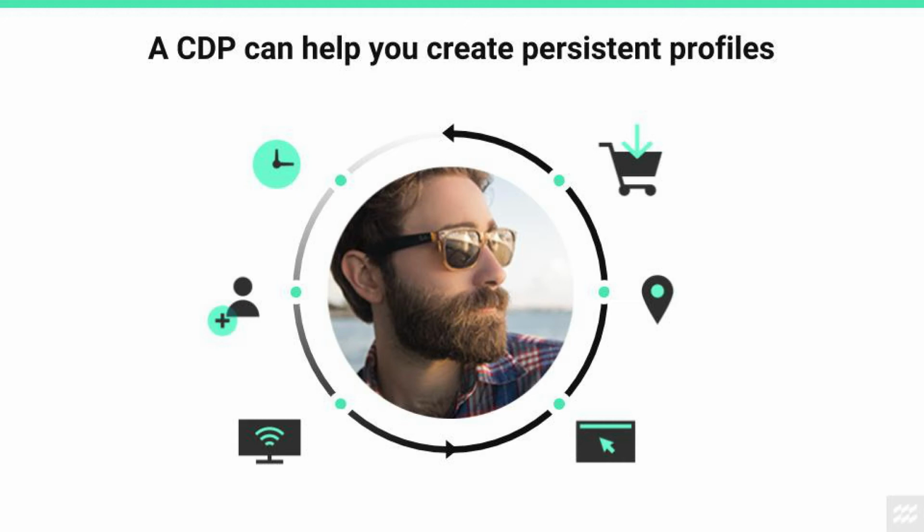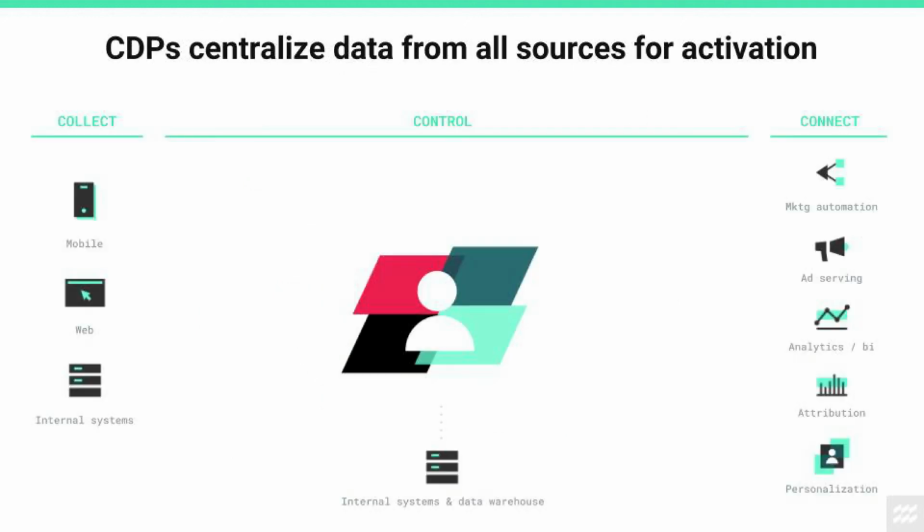Having this data gives marketers a leg up when considering who they should target for push, email, display, or other campaigns. The key here is being able to collect data from mobile, from web, and from third-party partners, then matching it and attributing it to one person to create a complete profile.